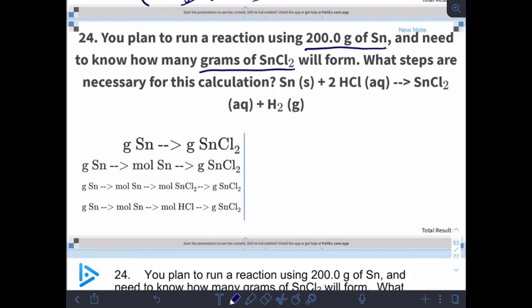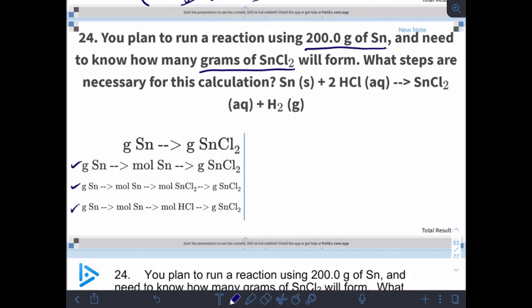But on the outsides, I'm going to have conversions with grams. So my first step is to convert grams of tin to moles of tin. Right, so that looks like, could be this one, could be this one, could be this one. Okay, once I have moles of tin, now I need to get moles of tin chloride because the relationships are through moles.